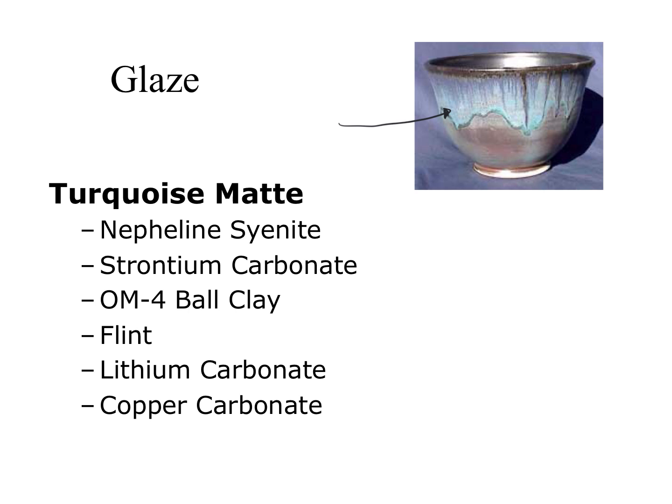You'll notice that it's got the nepheline syenite that we talked about before, strontium carbonate, ball clay, which we have not talked about but we're going to, flint, lithium carbonate, and copper carbonate. And that's where we're getting that turquoise color from. So these are different components that go in to make a glaze. And every artist kind of has their own recipe for glazes that they can put on their pottery.